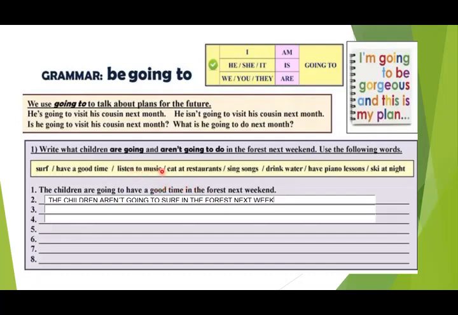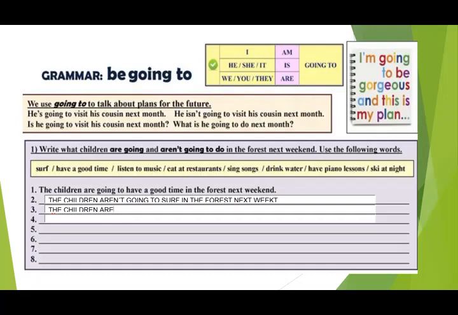Next is listen to music, right? Listen to music. So, start with the children. Vamos a comenzar con the children. The children are or aren't going to? Are going to or aren't going to?